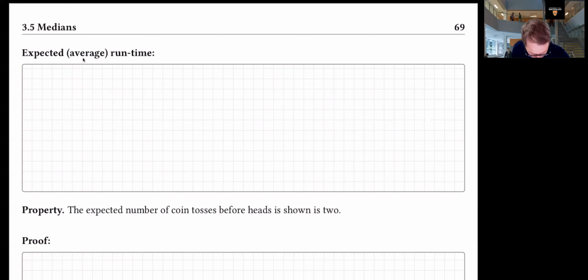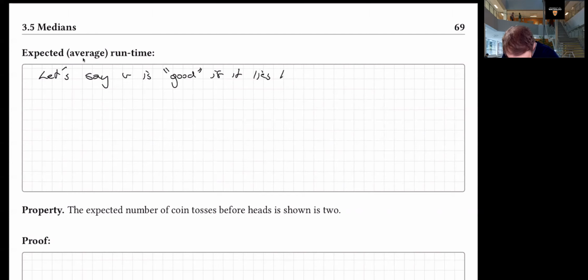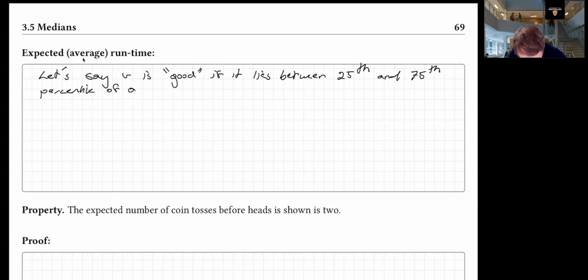So let's say V is a good selection if it lies between the 25th and 75th percentile of the array.